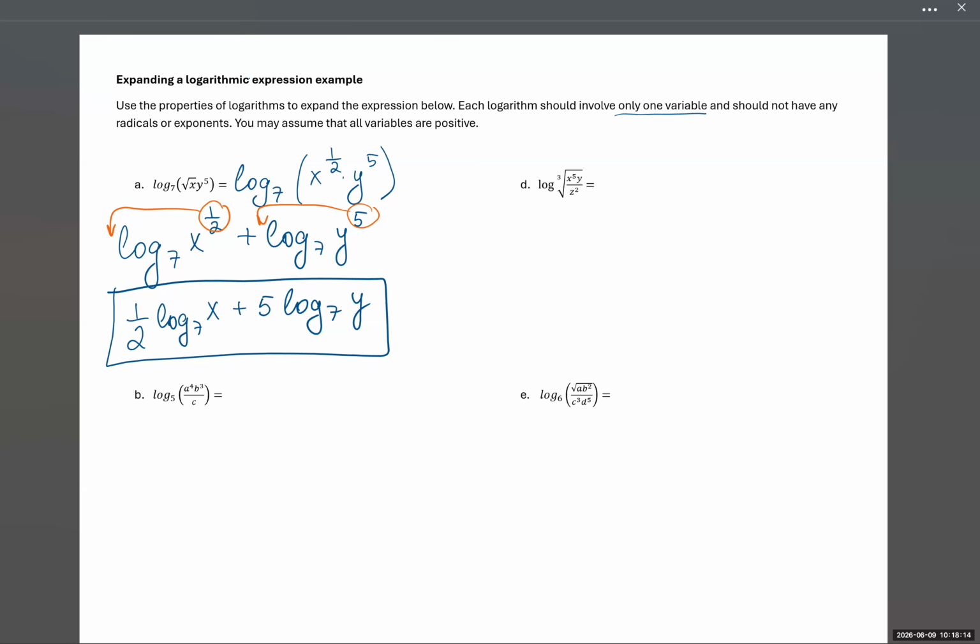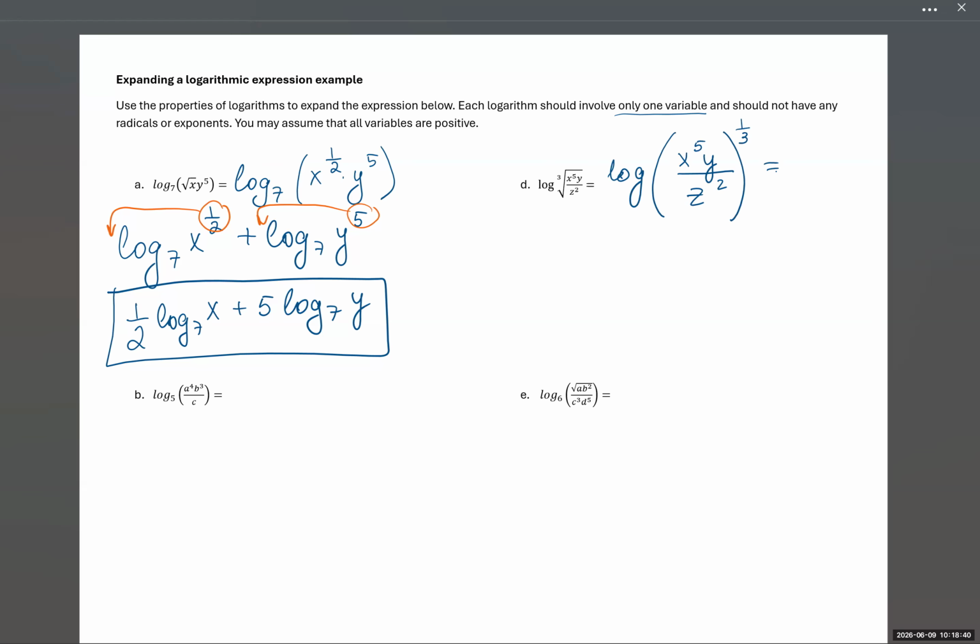And we'll go ahead and go to the right to part D. This one has a cube root inside the log, so we'll go ahead and rewrite that. This is log base 10, a common log, and then instead of the cube root, I will turn it into an exponent. This is x to the 5th, then y, then divided by z squared, and cube root is the 1/3 power.